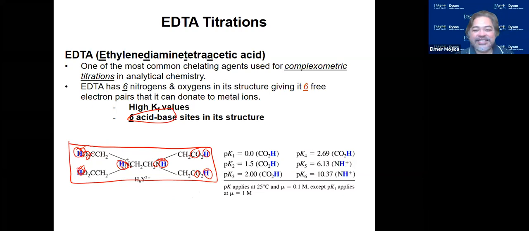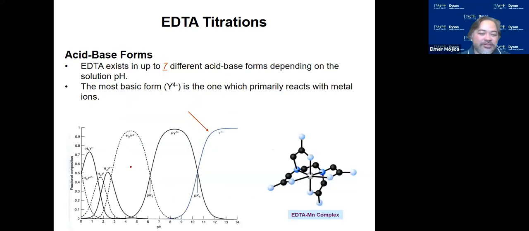So that's the site of the metal chelating agent interaction. And if you look at the fractional composition of them, this is how it looks like, if you remember what we had last week. One form goes up while the other goes down, and then another form goes up.